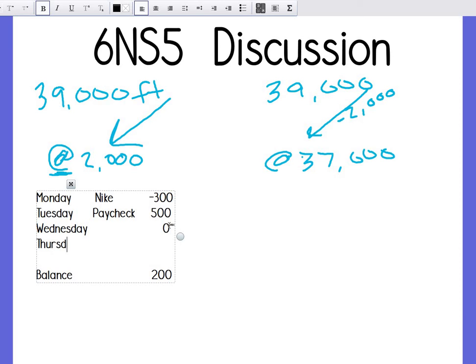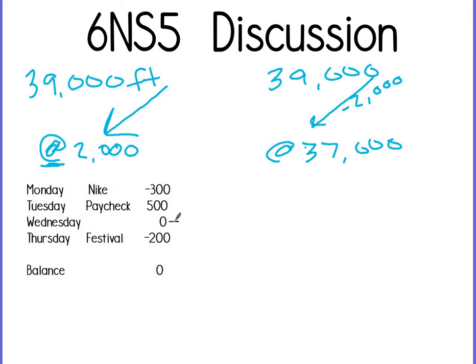Let's say on Thursday we went grocery shopping and we had to spend $200 on those groceries for the next week or so. Okay, so I spent 200, coming in as a negative. So now my balance is at 0. This 0 though does mean that I don't have any money. So this 0 right here tells me nothing happened.